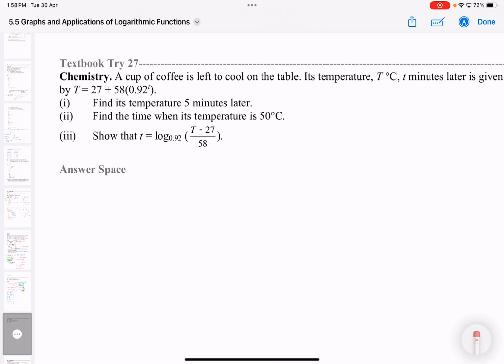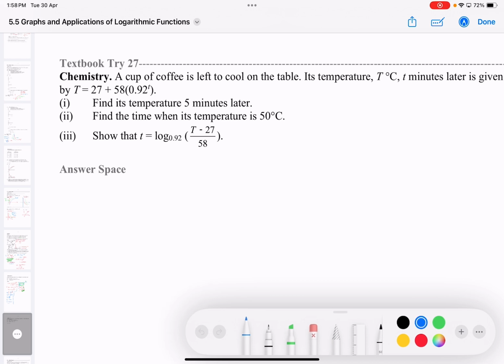Okay, part 1, I will just write the answer down. That one I won't go through because it's just substitution.